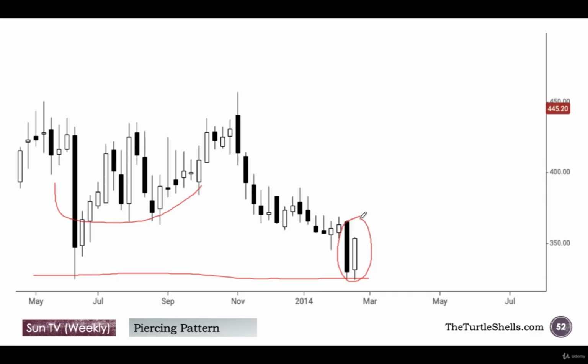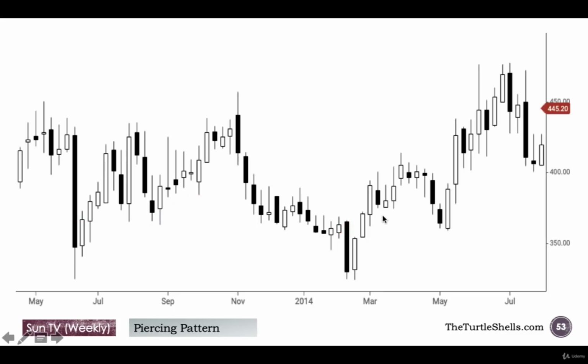Now, if we decide to wait still for a price confirmation, then we'll have to buy at a higher price. So in this case, let's say we would have waited for price confirmation, then for this candle, we would have had to wait for 1 week because it's a weekly candle. So we wait for a week, we wait for a close, and then we buy here.